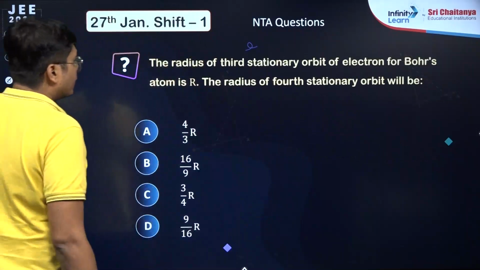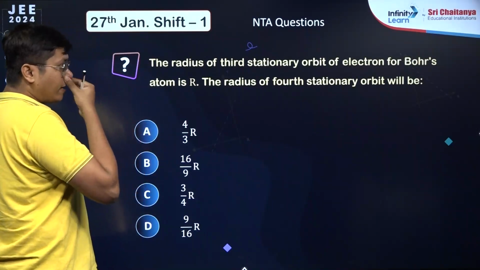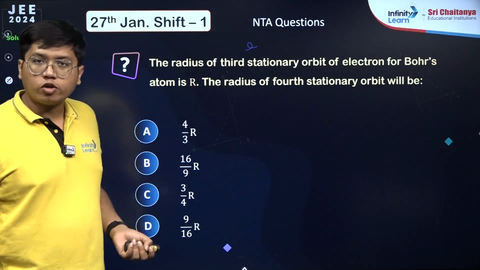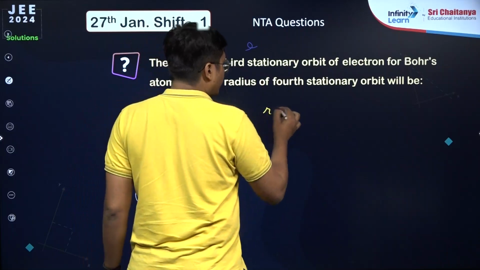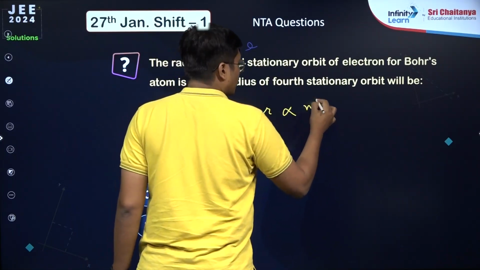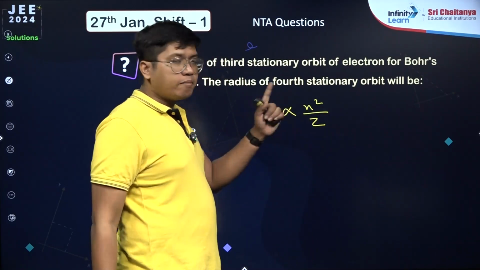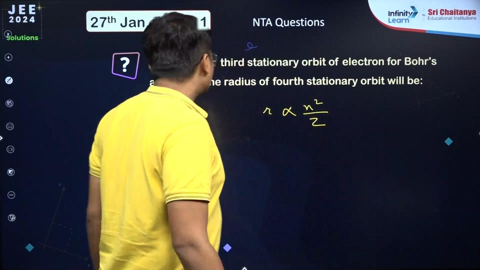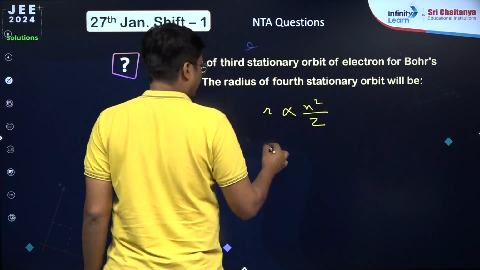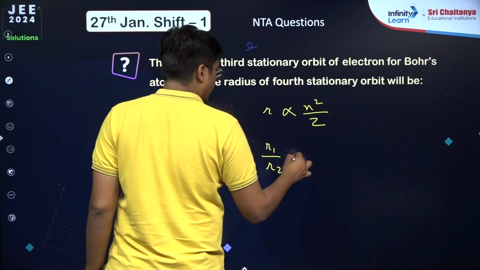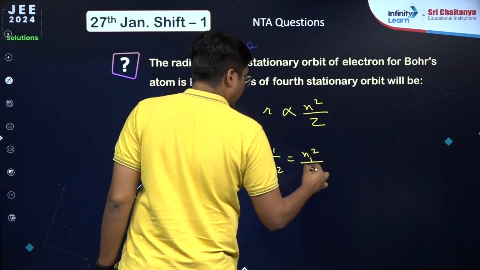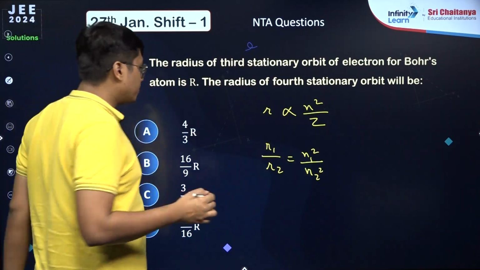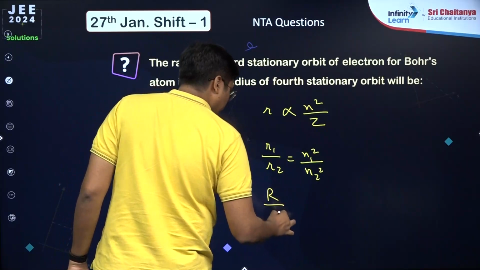Next question. Radius of the third stationary orbit of electron for Bohr's radius is R. Radius of the fourth stationary orbit is going to be what? So we know radius of orbit is proportional to n squared by Z, n being the orbit number, Z being the atomic number. So simply from that, we can tell that r1 by r2 equals n1 squared by n2 squared. r1, the radius, is capital R, divided by r2.